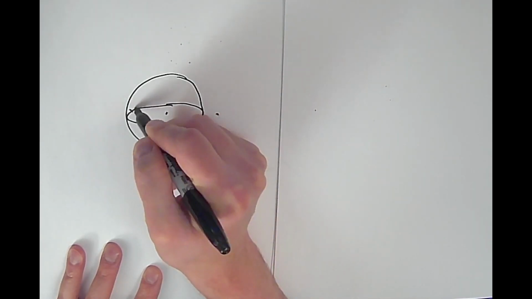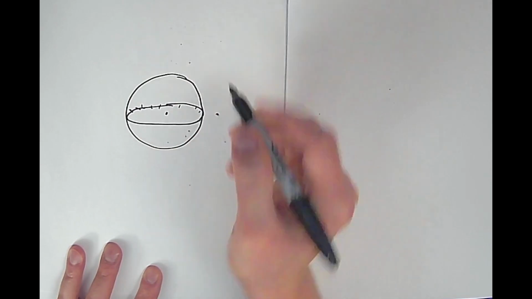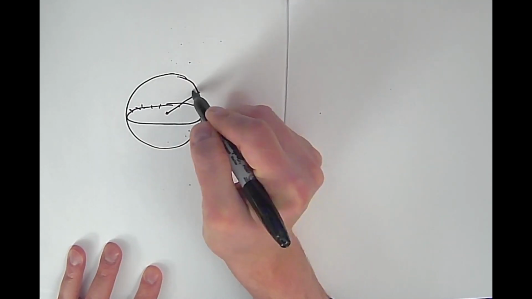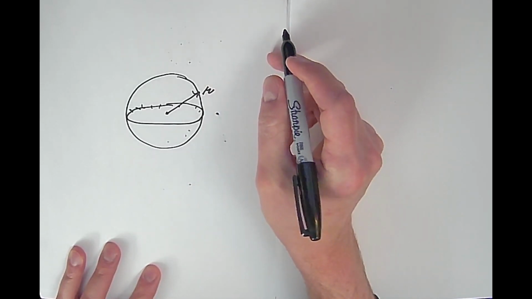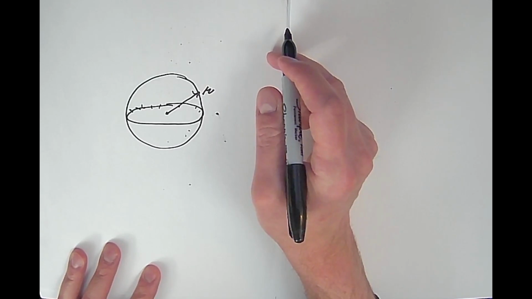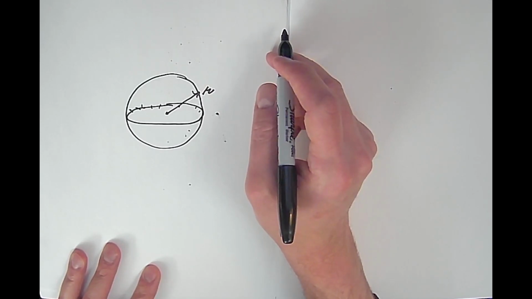Well, okay, so that's supposed to be dotted behind there. But if you have a sphere with a radius r, then you've got a certain volume and a certain surface area of that sphere, which can be expressed in r.